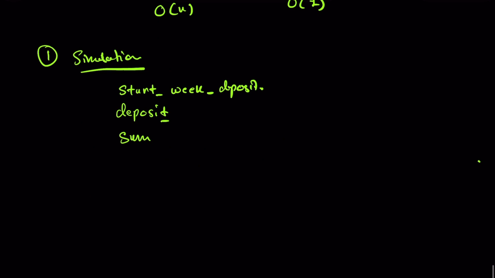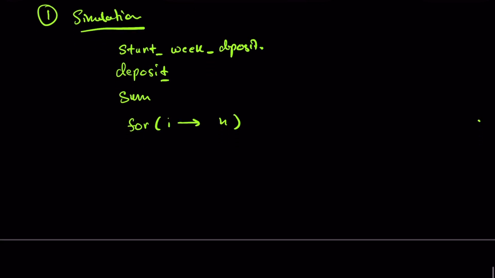Now we can take a for loop which will go from i to n, and for each i we will add the deposit value to the sum, and then increase the deposit for the next day's investment.